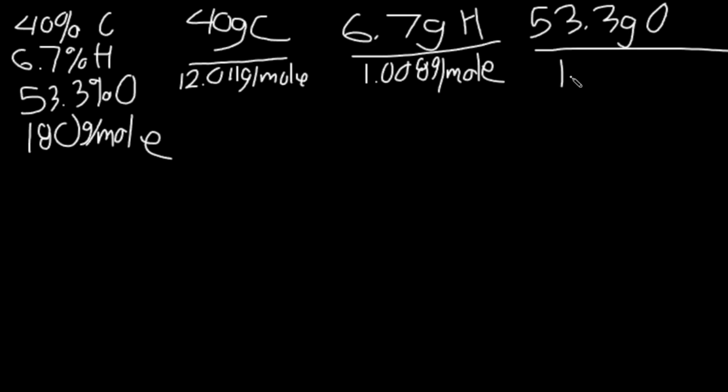Oxygen being 15.999 grams per mole. Using this, we cancel out the grams. Now we're left with the moles. And now we get the moles of each element by dividing the mass by the molar mass.